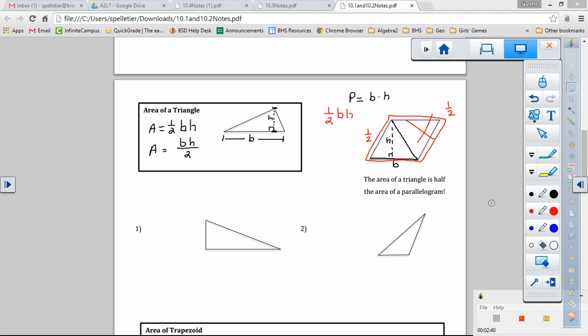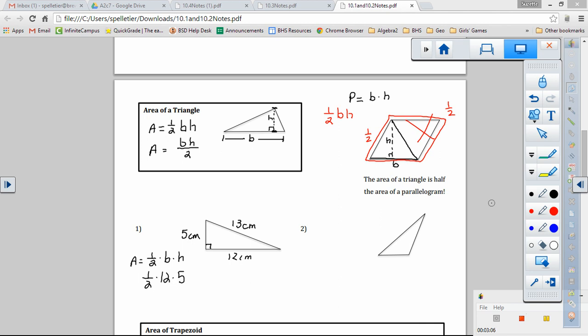All right, so let's look at this example. 5 centimeters, put my right angle in. The hypotenuse is 13 centimeters, and this side over here is 12 centimeters. So if I want the area of that triangle, I'm going to do 1/2 times the base times the height. So 1/2, the base is 12, and the height is 5.